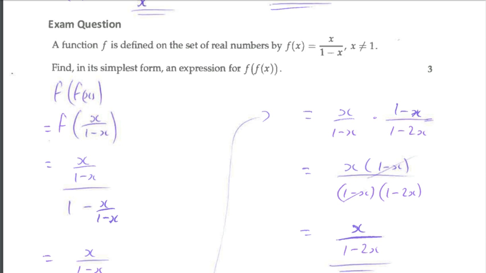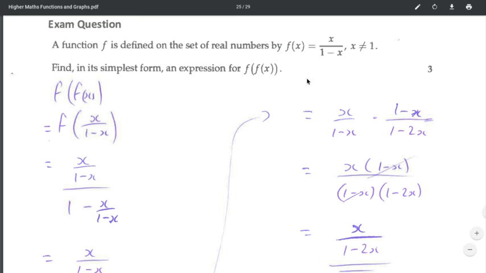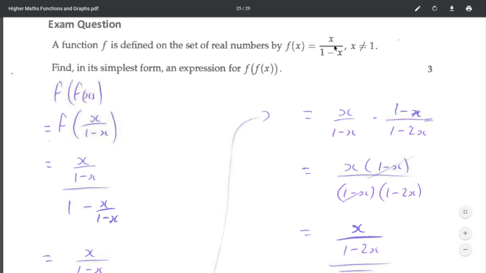Our second mark is for this next line. Wherever I have an x in the original function, I'm going to replace it with whatever's in the bracket.